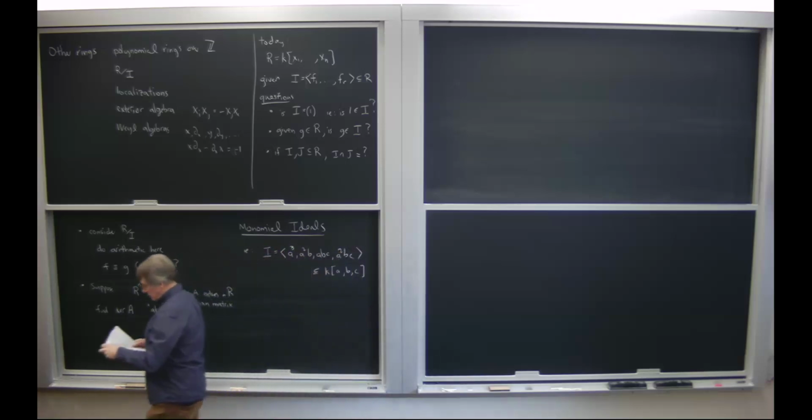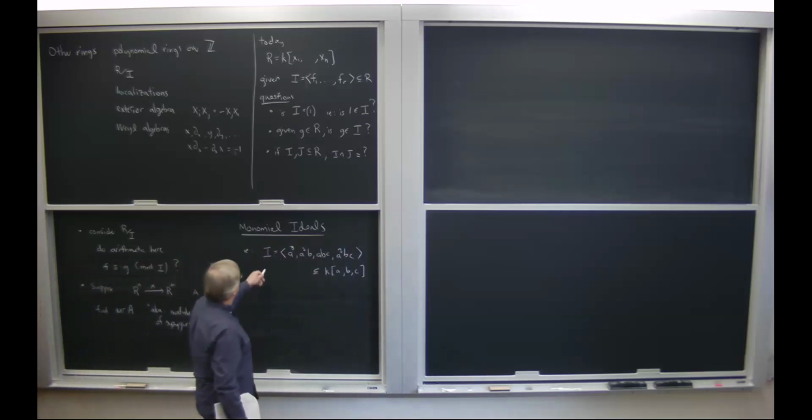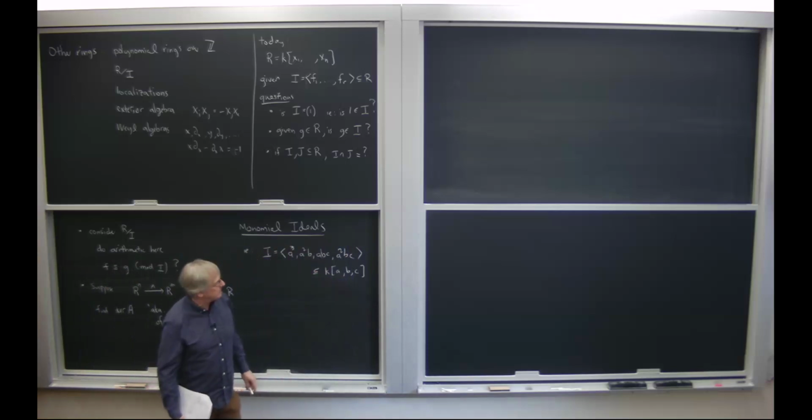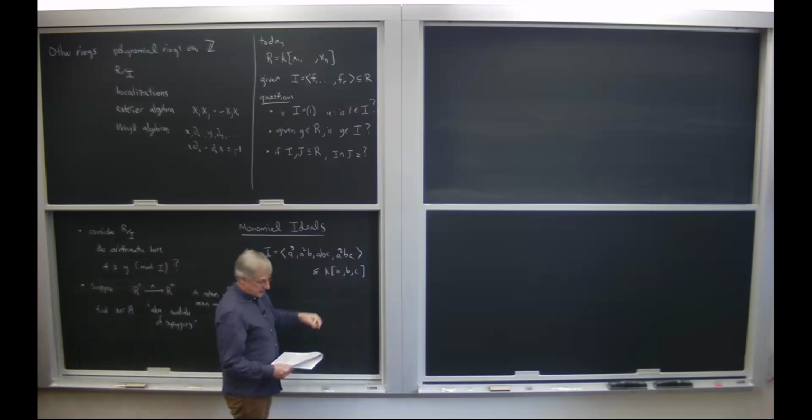Oftentimes the field, well, it actually does make a difference sometimes. But anyway, again, I'll use variables. I oftentimes use a, b, c's or x, y, z's or index things depending on the situation. So it's just given by a whole bunch of monomials.